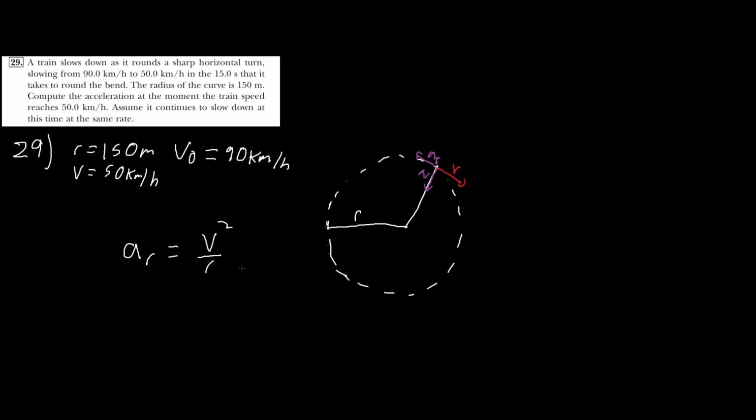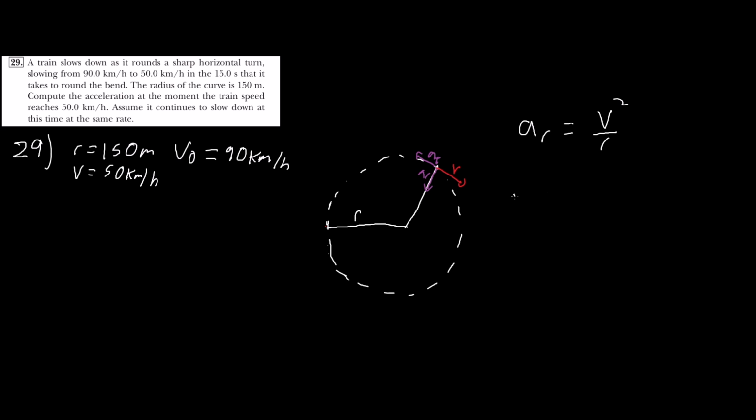The question is asking to compute the acceleration at the moment the train reaches 50 kilometers per hour. But notice that so far we are just talking about the A radial component. I hope you guys catch that, because the question is asking for the acceleration at the moment. So it's not just talking about A radial here, but it's also talking about the A tangential component.